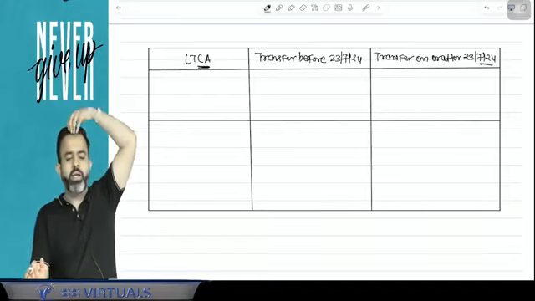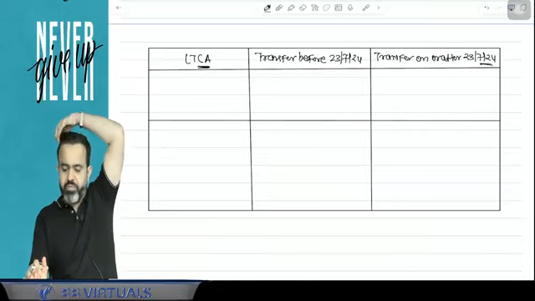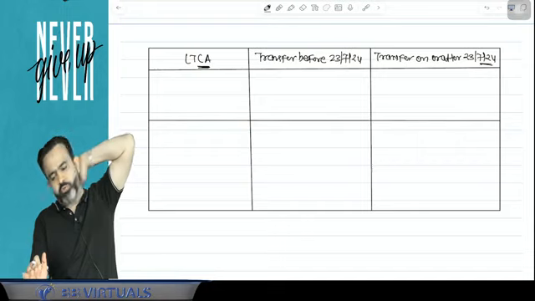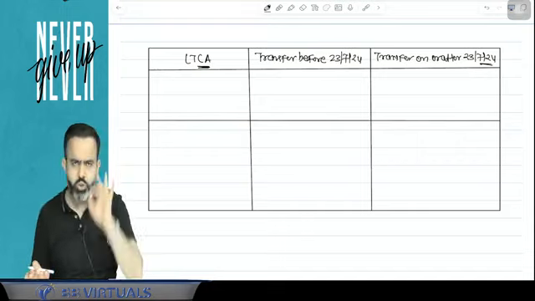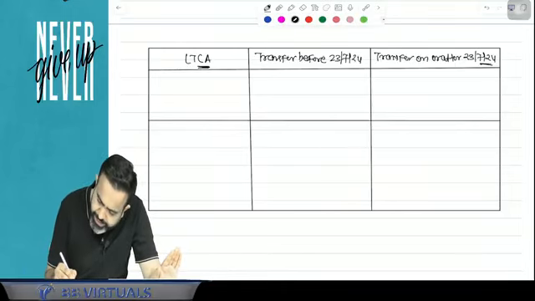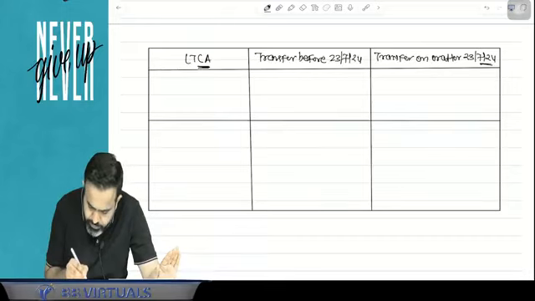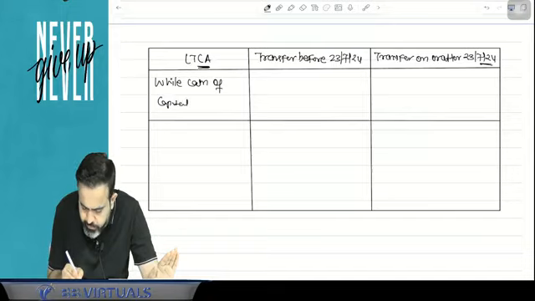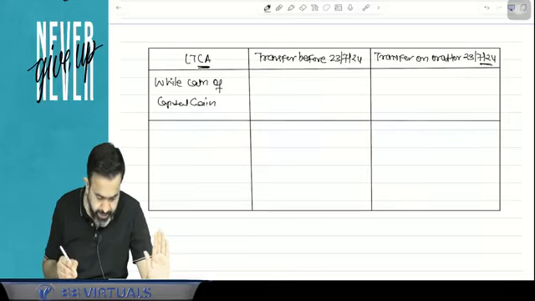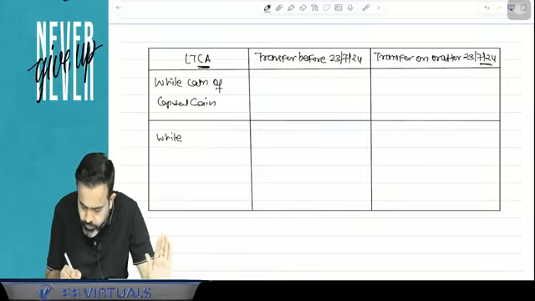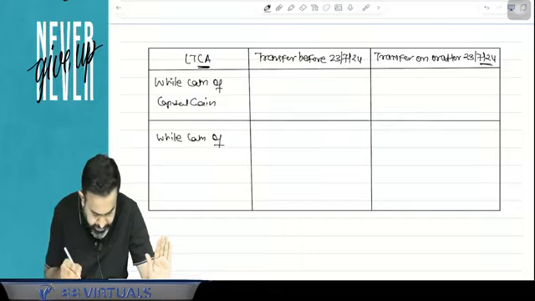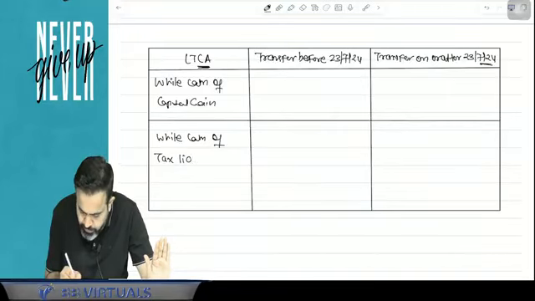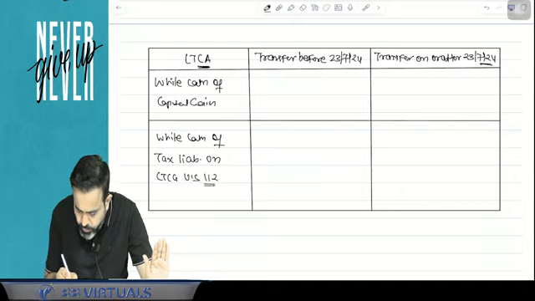So guys, two parts. First, while calculation of capital gain, what will you do? And guys, while calculation of tax liability on LTCG under section 112, what will you do?